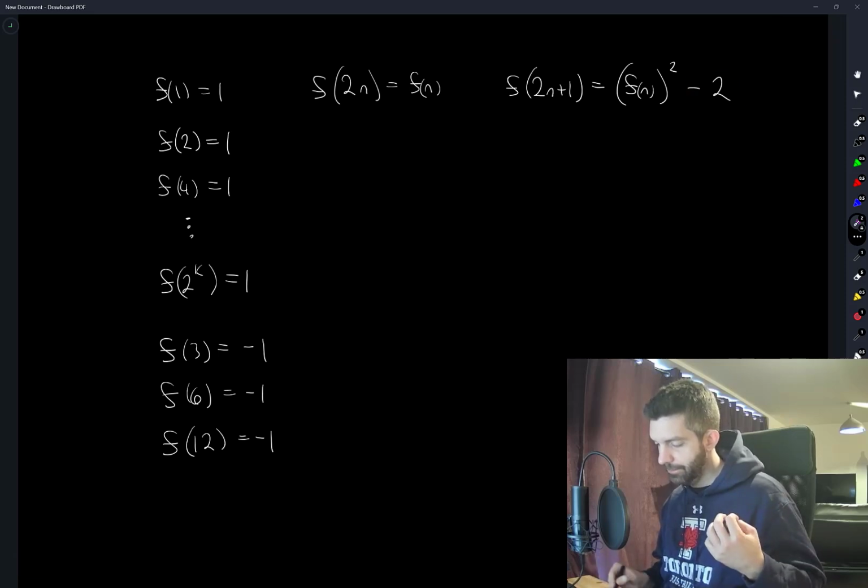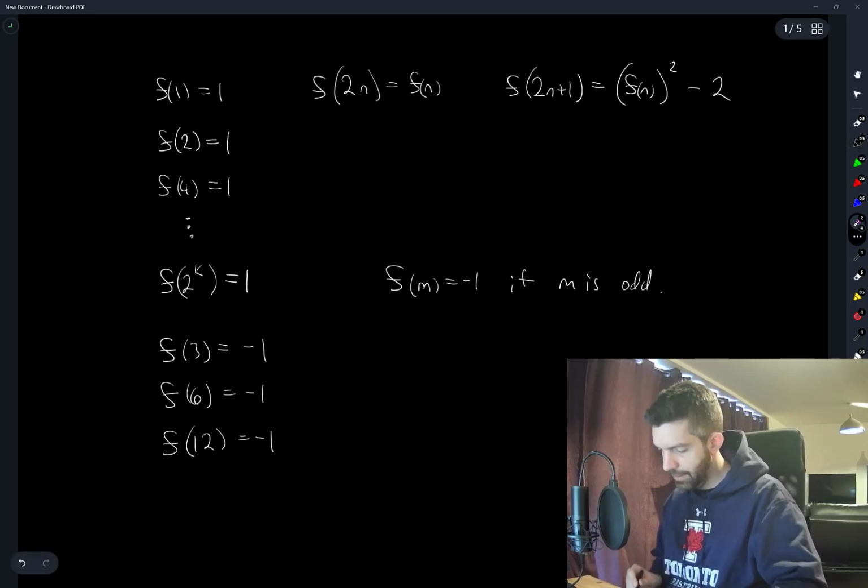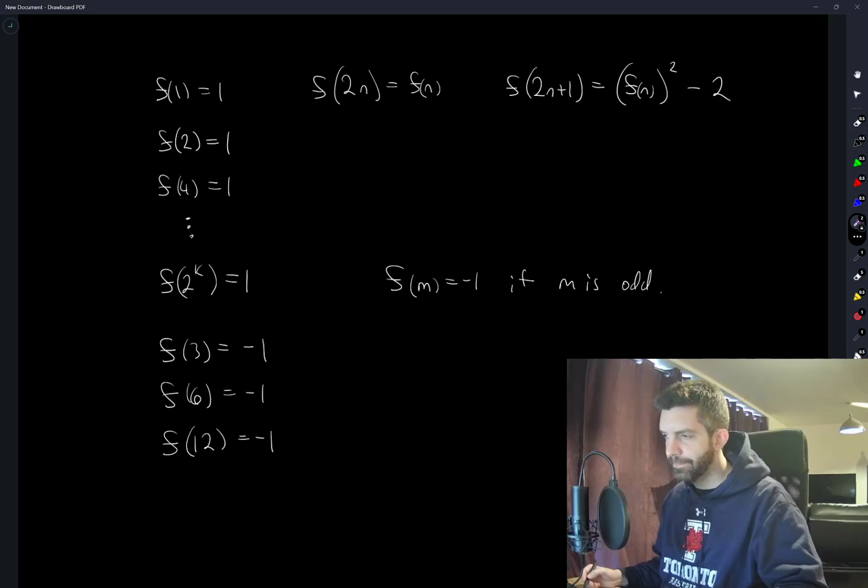So in fact, every odd value will be negative 1. So I'll say f of m is negative 1 if m is odd. And for even values, it's only the powers of 2 where it's equal to 1, right?